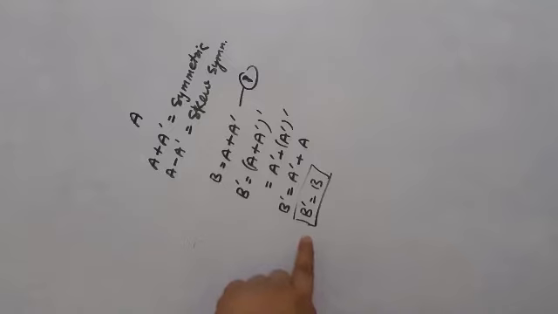We have recently discussed this. Now B is a symmetric matrix. Understand? Write down this.